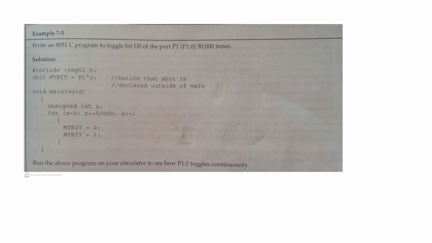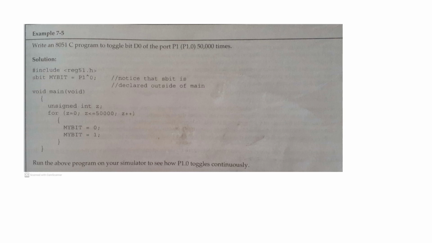Void main(void), unsigned int Z. Also note that we are using the integer data type instead of character, because our range is above 255. Our range is from 0 to 50,000, so it is above 255, so we have to use the integer data type. Then using a for loop, we are assigning the values 0 and 1 to mybit.